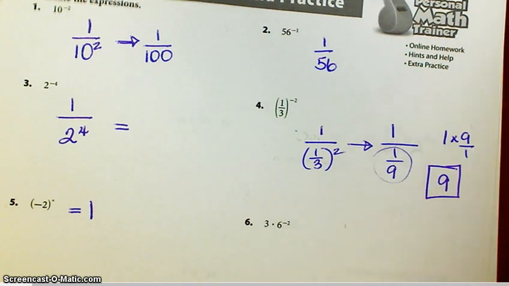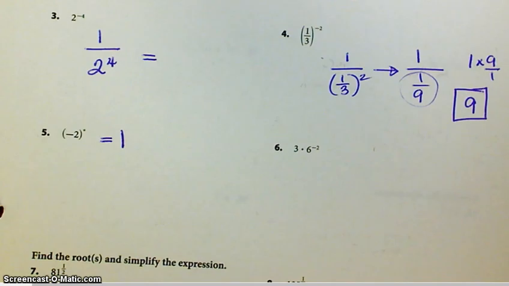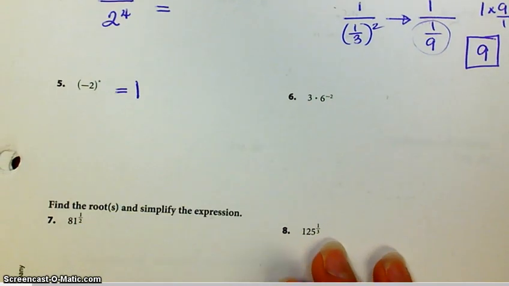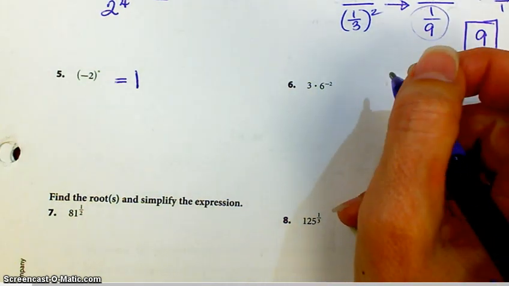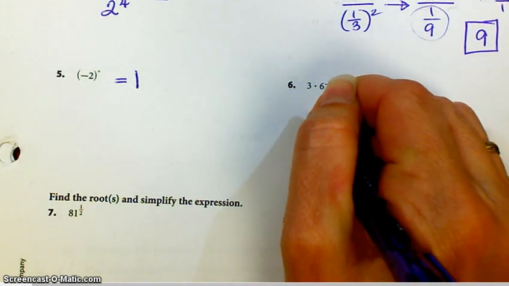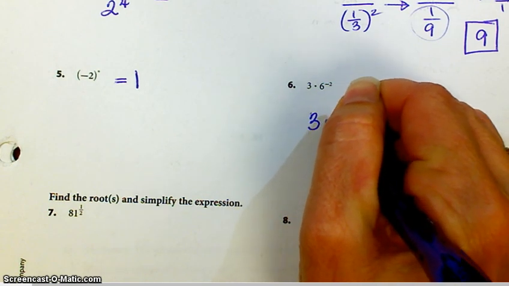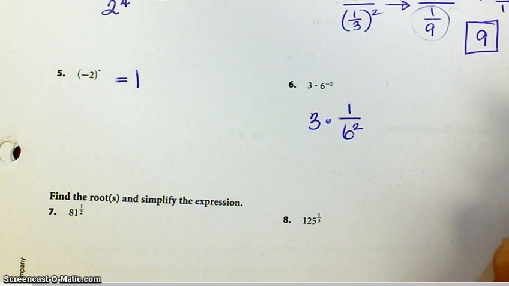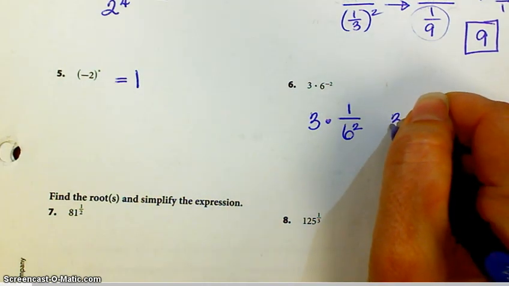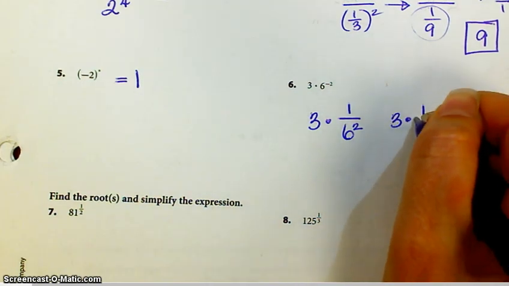All right, I think I kind of lied. I'm working all of these with you because I think we'll have plenty of additional practice. This is going to be 3 times 1 over 6 squared, which is 3 times 1 over, what's 6 squared?